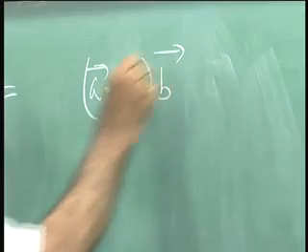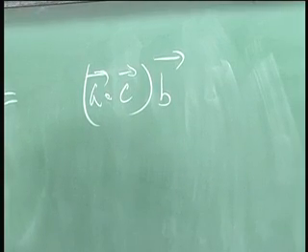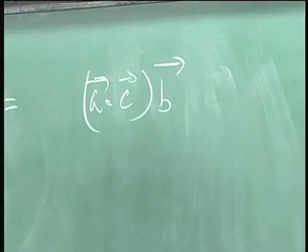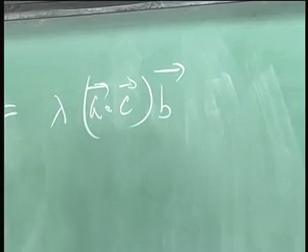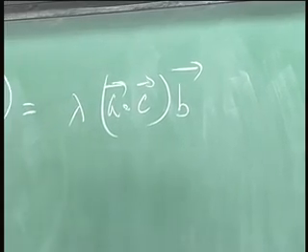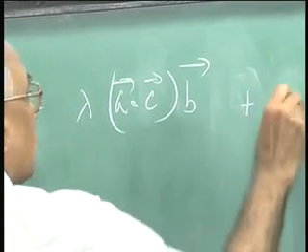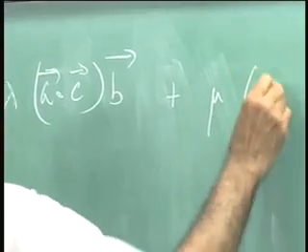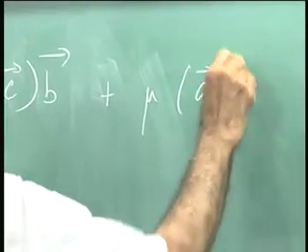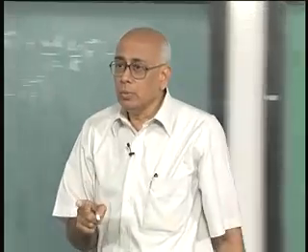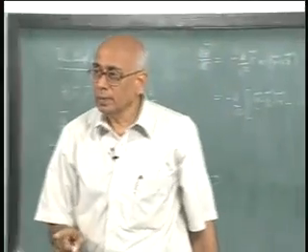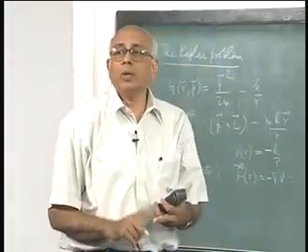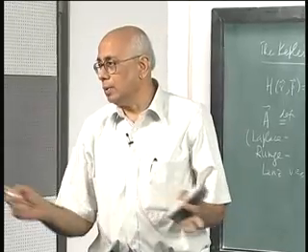So this is A dot C B, but nobody told you it is 1 times A dot C, it could be square root of 3 pi times this thing, so some lambda times A dot C B, plus some other constant mu times A dot B C. It has got to be this, where lambda and mu are real numbers and they can't depend on A, B, C, so they are universal numbers.